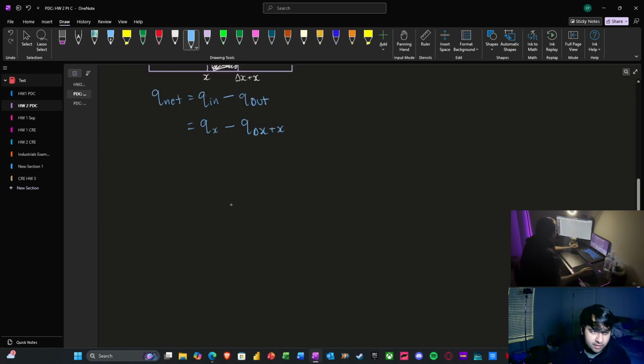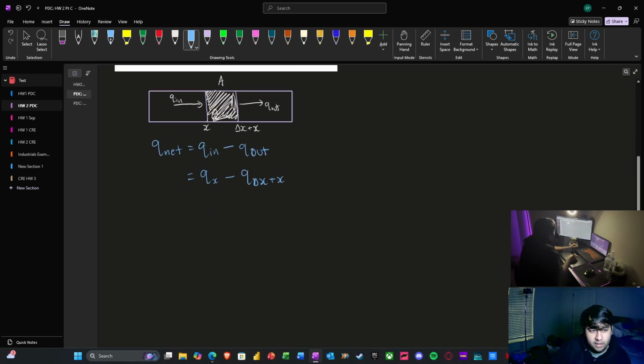We're going to leave Qx alone for a second, but what is this in a little more detail? Once we split it apart, we find that it's Qx plus dq over dx times dx.